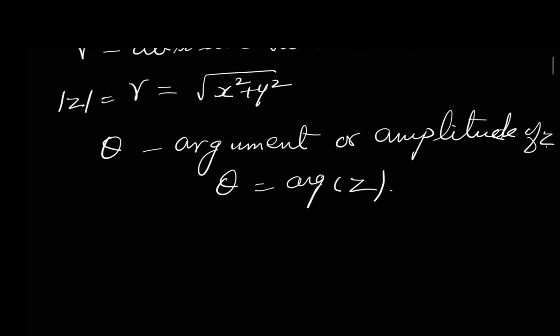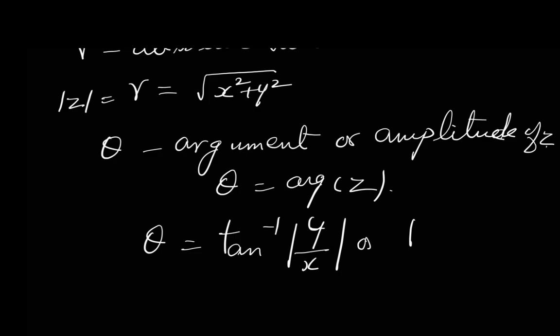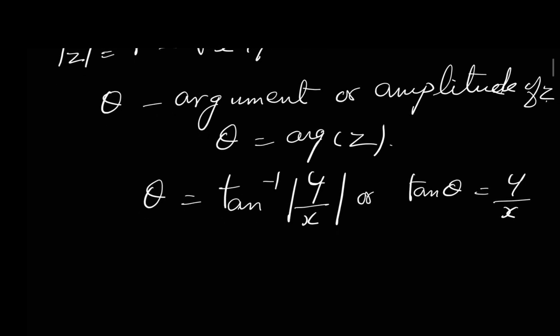How do you get this theta value? Theta is equal to tan inverse of y by x. That is, tan theta is equal to y by x, the imaginary value divided by the real value.